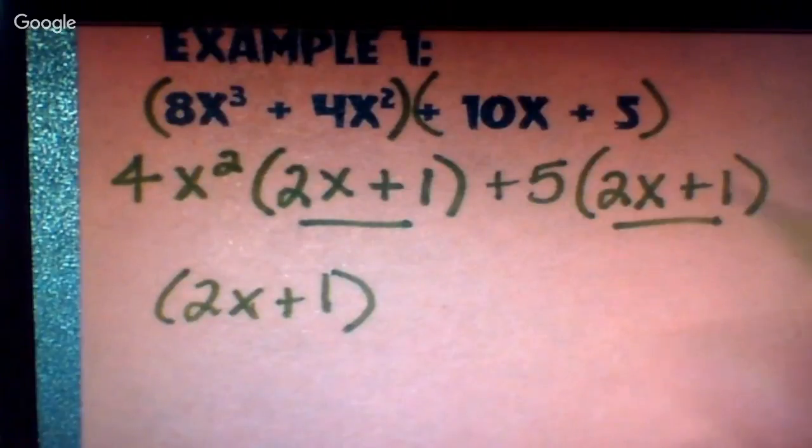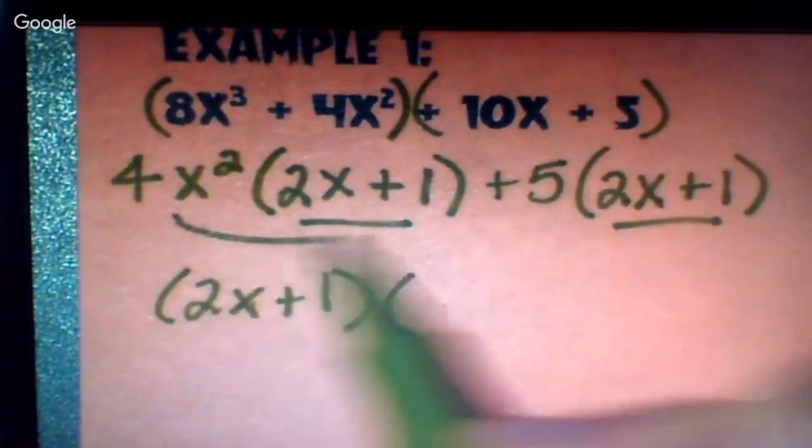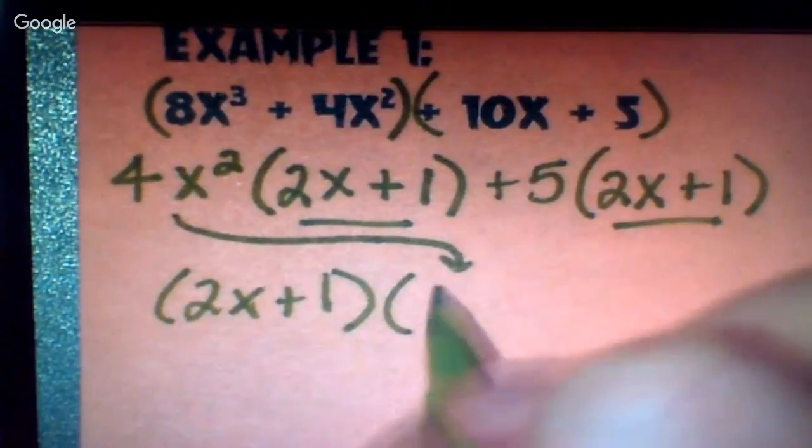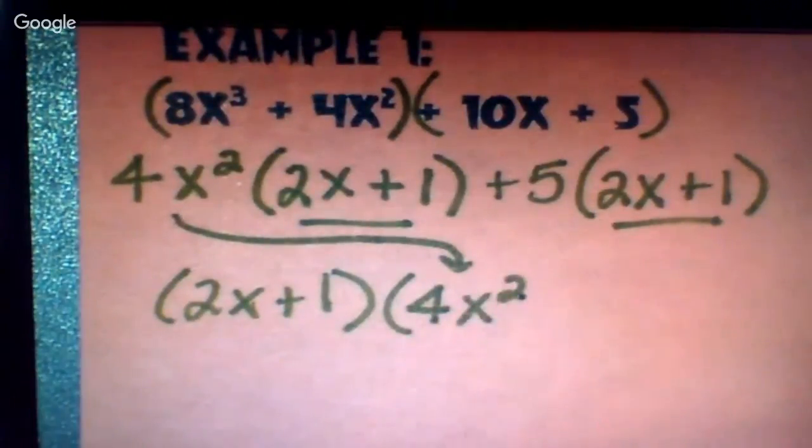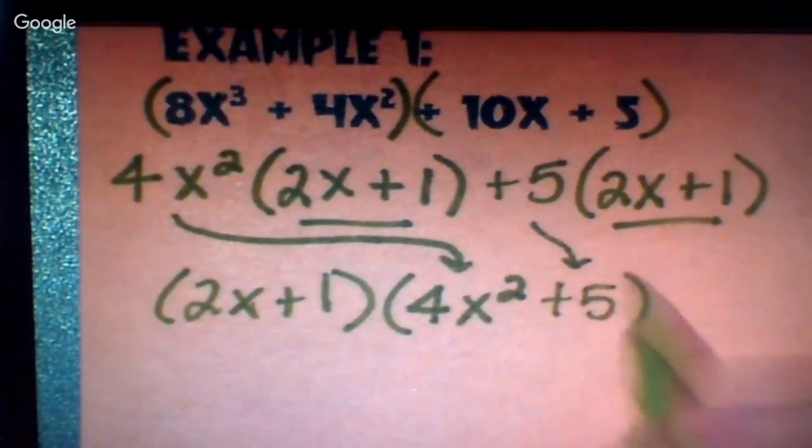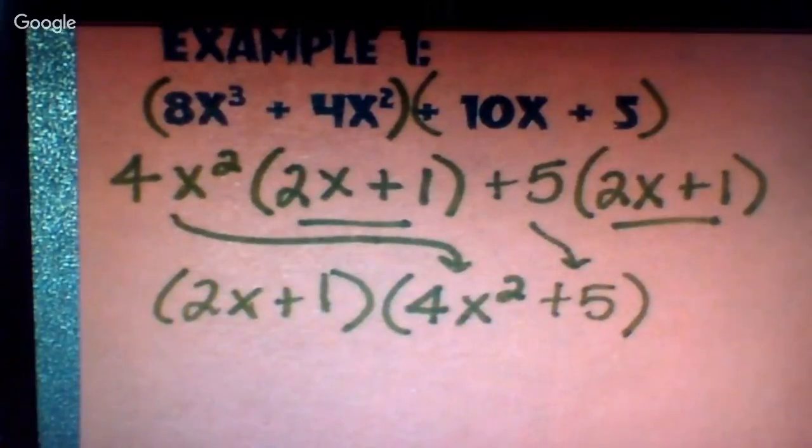Your second binomial comes from what we pulled out. So 4x squared goes here. That was the first GCF pulled out. Plus 5 goes here. That's your second GCF you pulled out. That's your answer. You just factored by grouping.